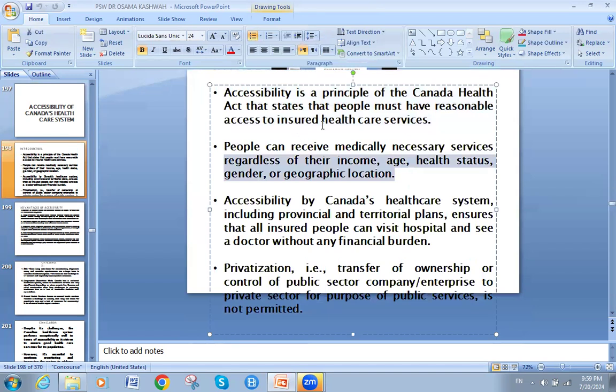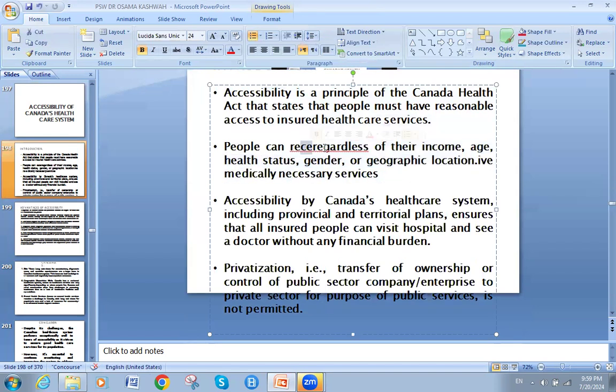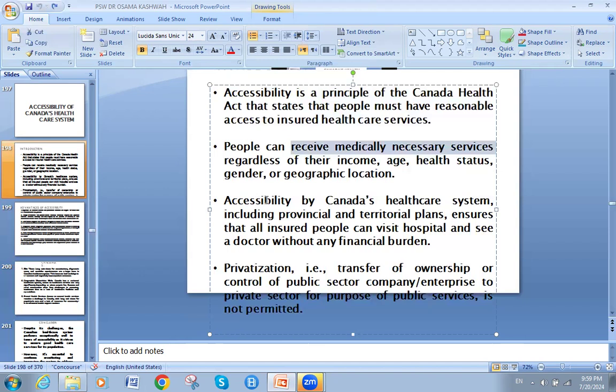In all cases, people can receive health coverage. Accessibility in Canada's healthcare system, including provincial and territorial plans, ensures that all insured people can visit hospitals and see a doctor without any financial burdens. So this is the accessibility in the Canadian healthcare system.